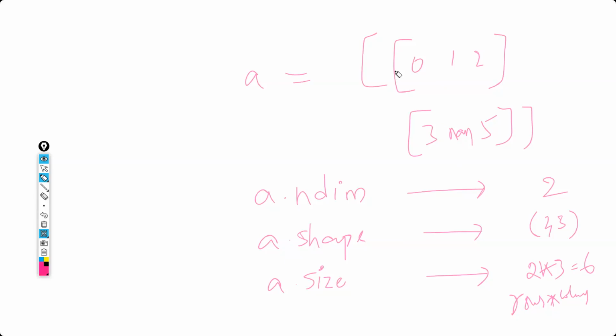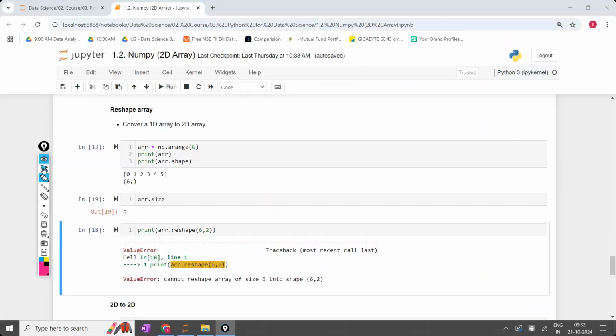Though a missing value or a string is there, it will not observe that. Just number of rows into number of columns. Simple. Size gives the number of rows into number of columns. Is the point clear? For 1D, the size and length function are both the same. For 1D, there is no difference.